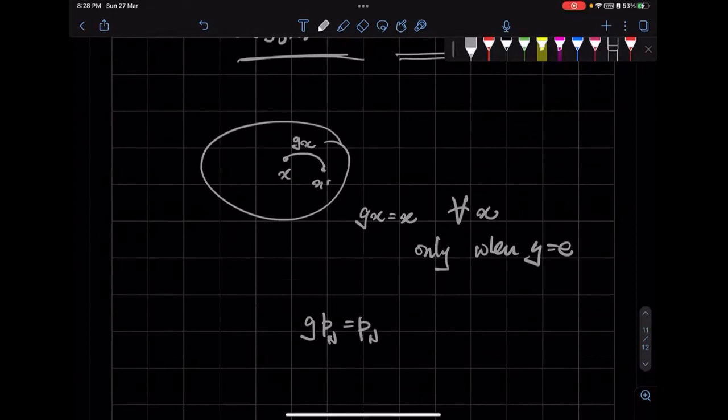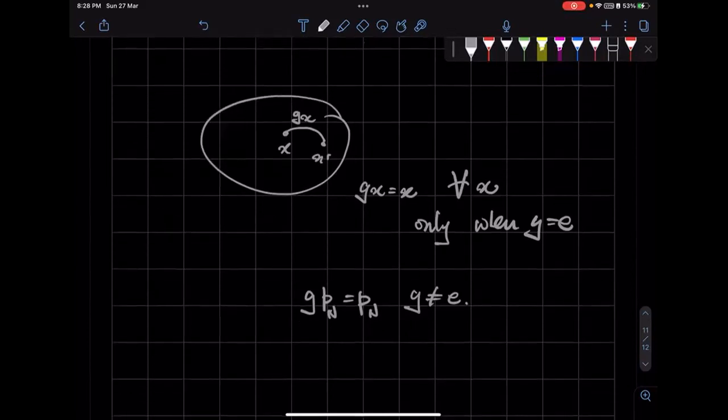And of course, this is also not, G is not equal to E, right? And also there are other points which are not the North Pole on our two sphere, where when this acts, this is not the same point. Right.